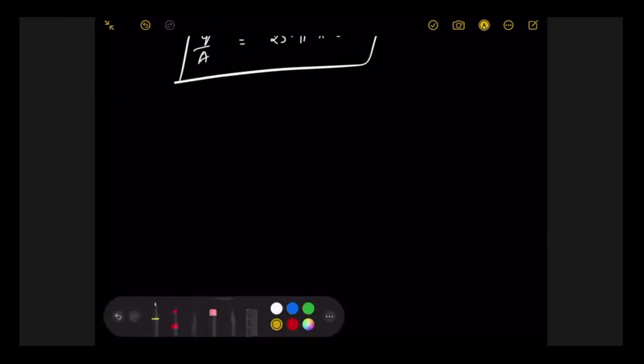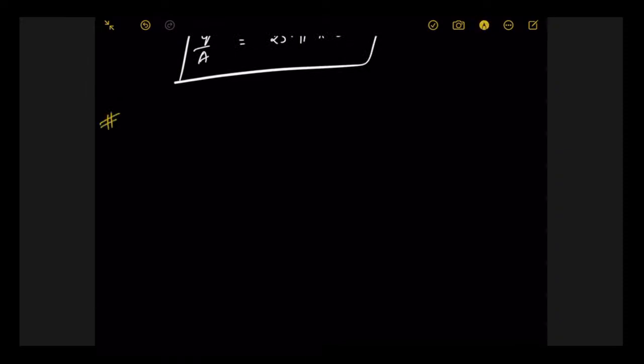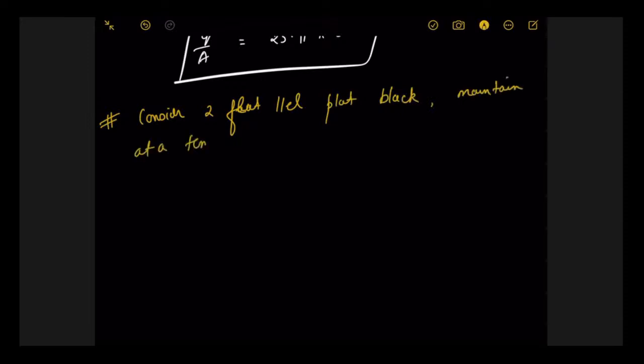Next question. Consider two flat parallel black plates maintained at a temperature of 1227 degrees centigrade, and plate 2 is maintained at minus 174 degrees centigrade.